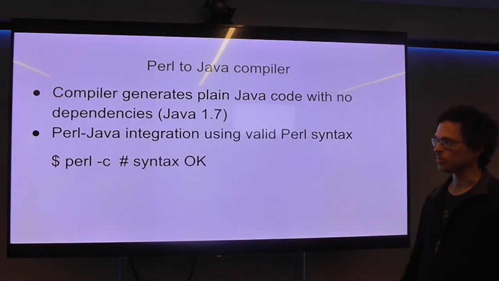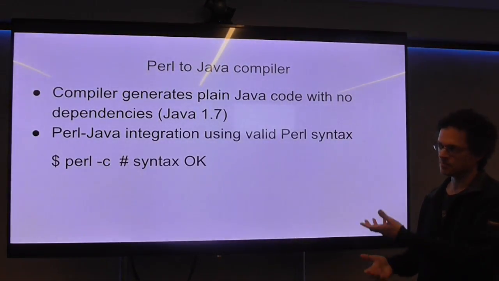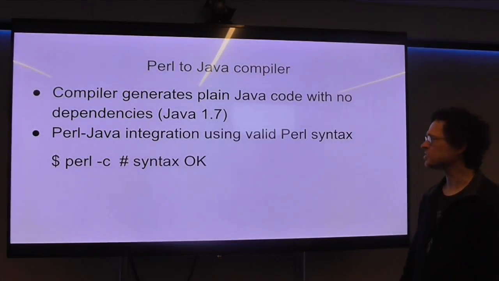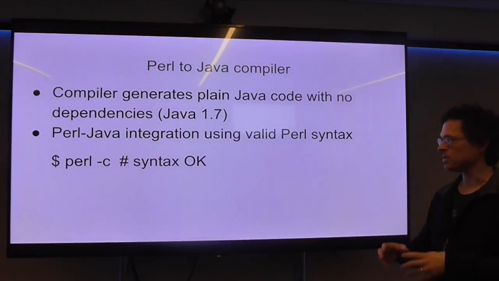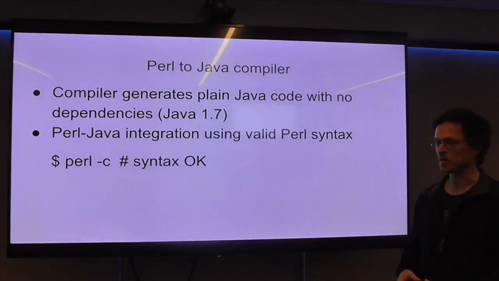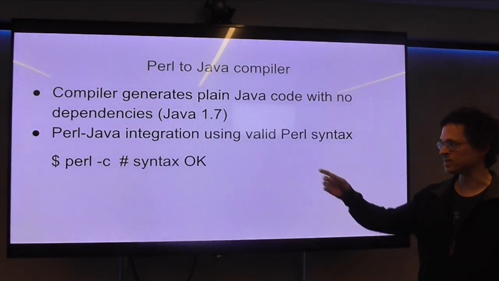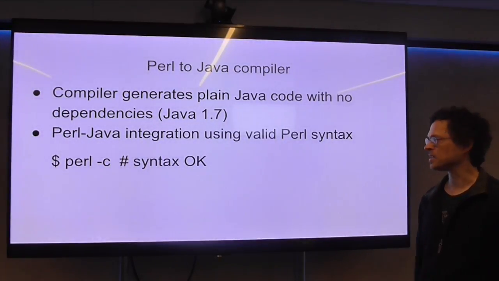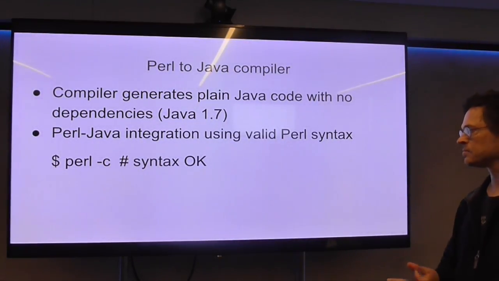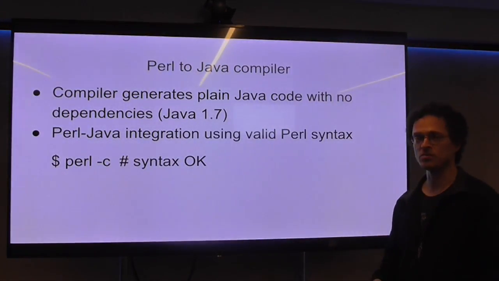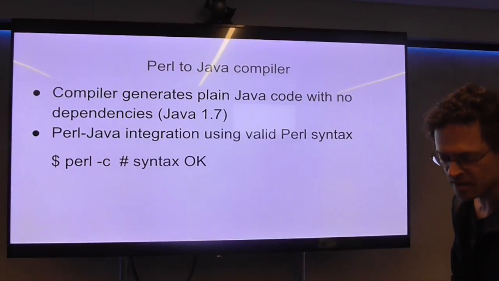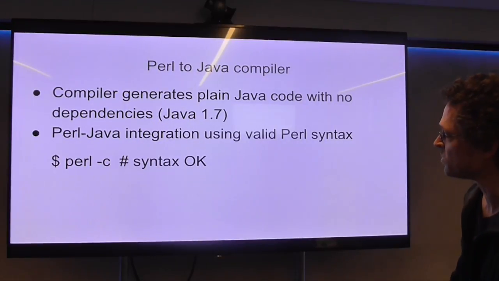We have a few extension things that allow you to integrate with Java libraries, but everything we use is valid Perl syntax. So you can check the syntax using Perl and then run Perlito. So most of the programs you write for Perlito will just run in Perl, unless you use something very specific that only Java can provide.